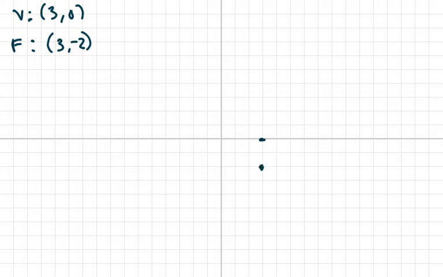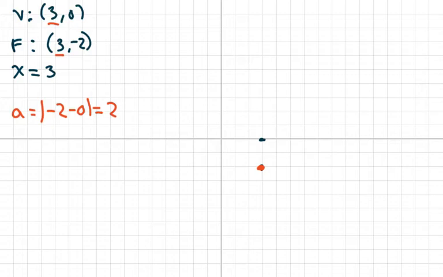So they both lie on the line x equals 3, because these two numbers are the same. My a, therefore, equals the absolute value of negative 2 minus 0, which equals 2. So that's your a. And we know this is the focus, so it opens down.